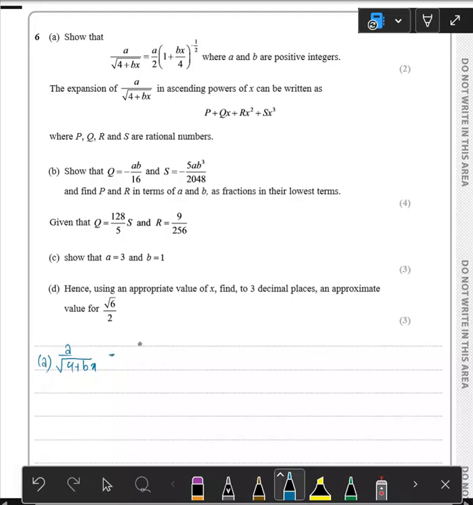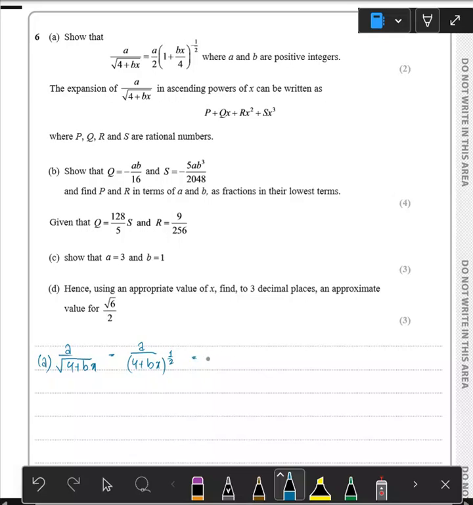Now we can't work with the square root like this, so if we write it in the power form, indices form, this can be written as a by 4 plus bx to the power half, right? Now the power is negative here, and we got positive half. If we take the denominator and multiply it with the numerator, or just break down the fraction, then the polarity of the power will change.